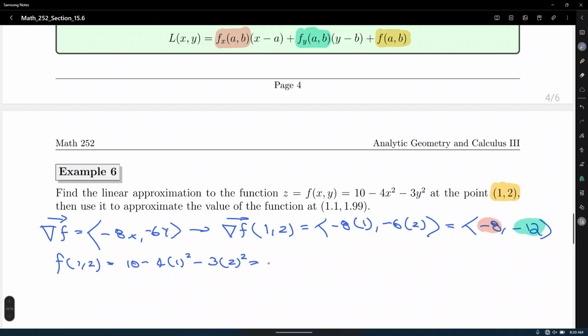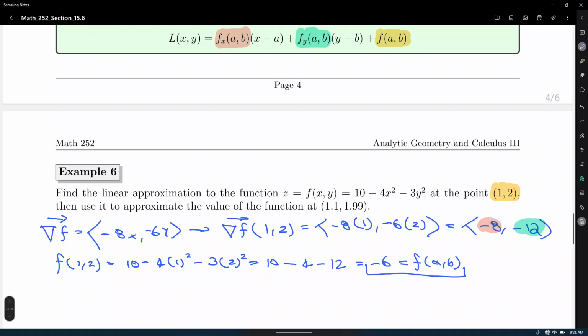That is 10 minus 4, in this case, minus 3 times 2 squared, which is 4. 3 times 4 equals 12. That equals negative 6, right? Which is, in this case, the f of a, b term. That's the f of a, b term.